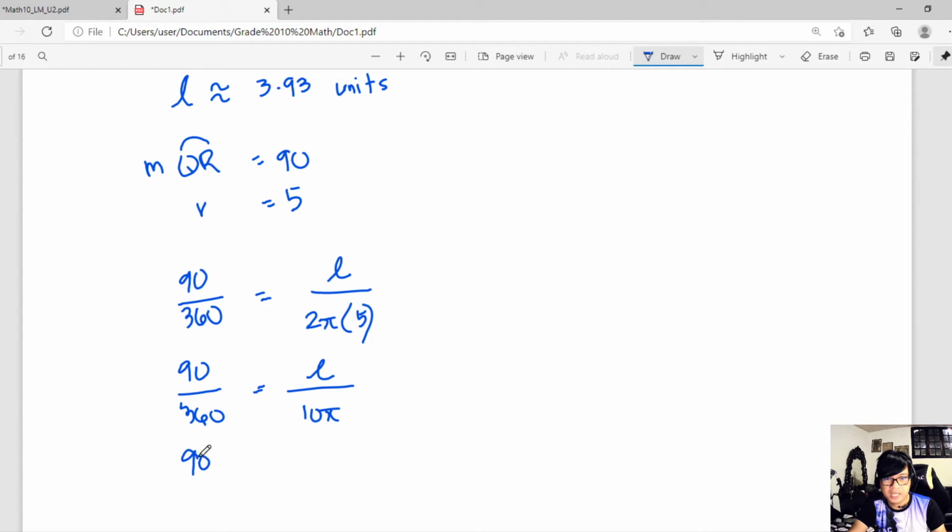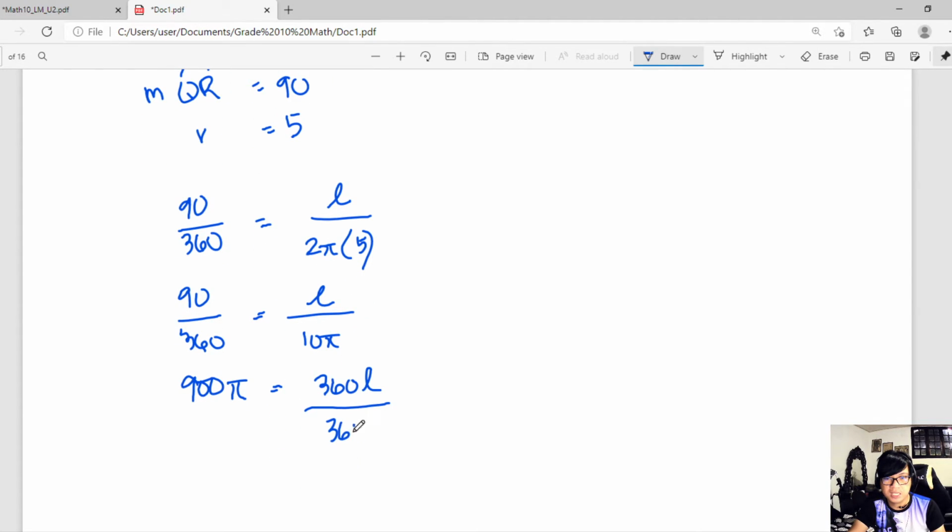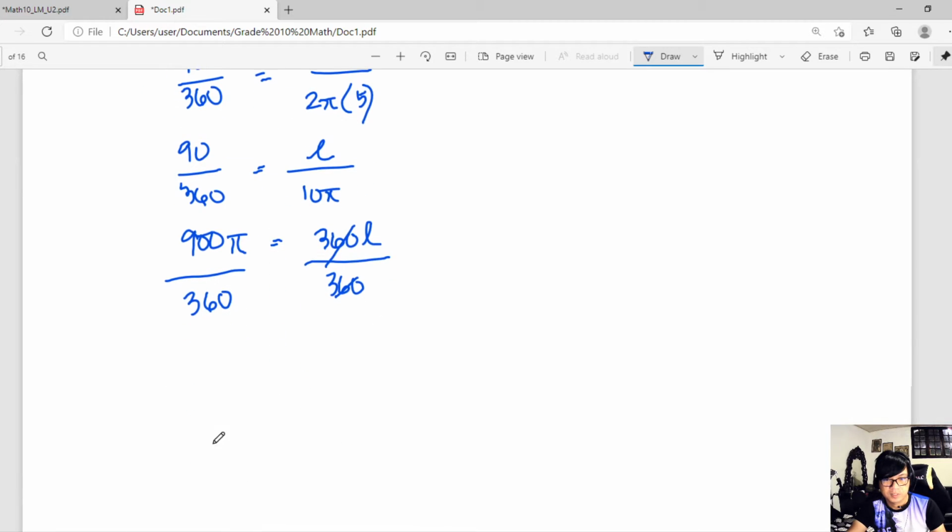This one is 900 pi equals 360 times L. Divide both sides by 360. So the arc length is approximately 900 pi divided by 360. The answer is 7.85 units.